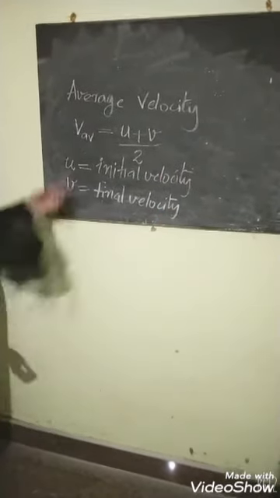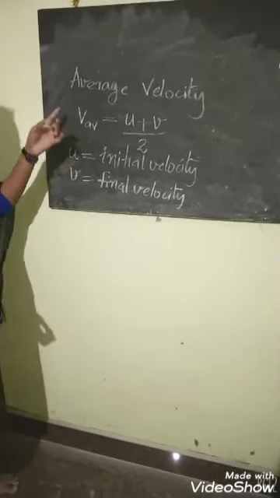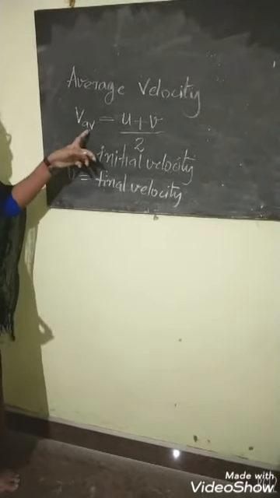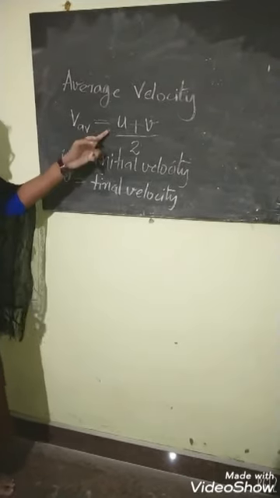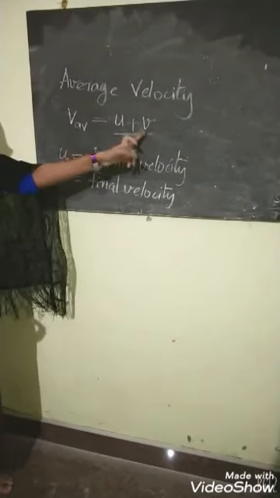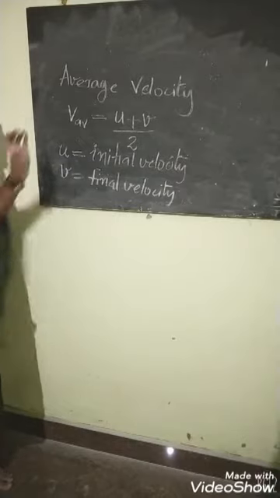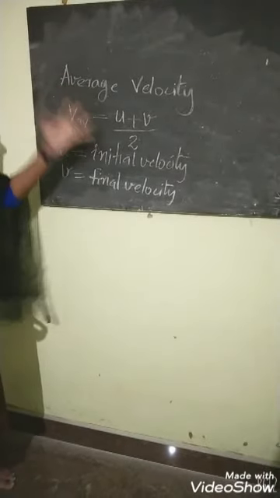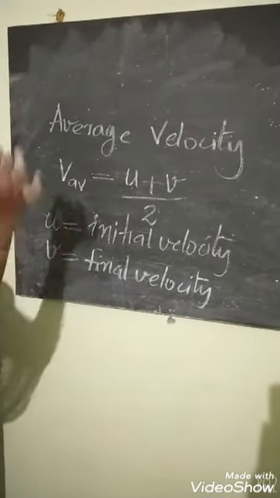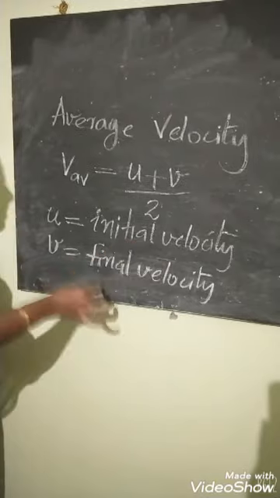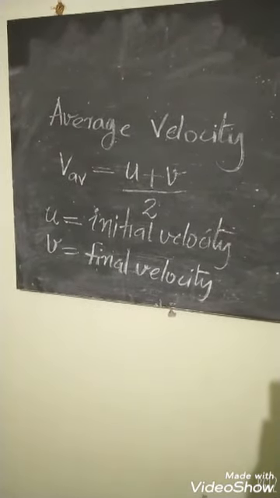So what is the equation? It says average velocity is equal to initial velocity plus final velocity by 2. This is the average velocity's equation. You just have to learn this equation and what u and v are. u is the initial velocity and v is the final velocity.